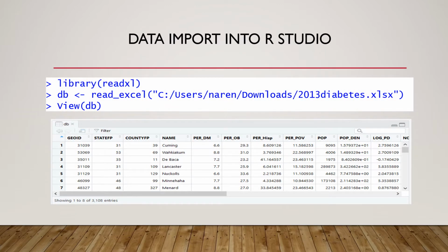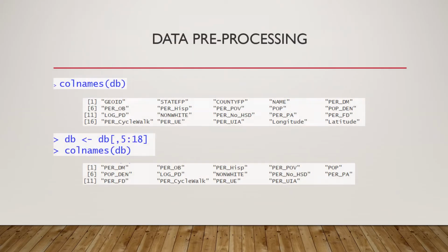To import the data into RStudio, I'd use the library readxl, and then I'd use the read_excel command by providing the path of my file and read it into a table named DB. And then I'd use the command View to look at how the data looks. To perform some data pre-processing, I initially use the colnames function and look at the columns in the table.